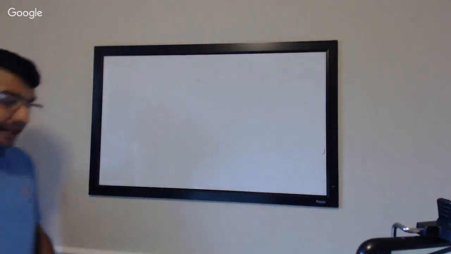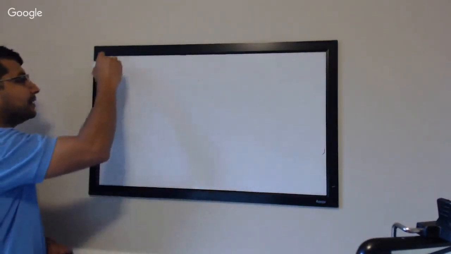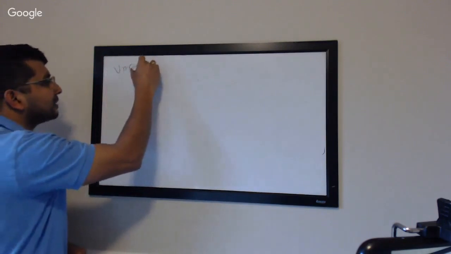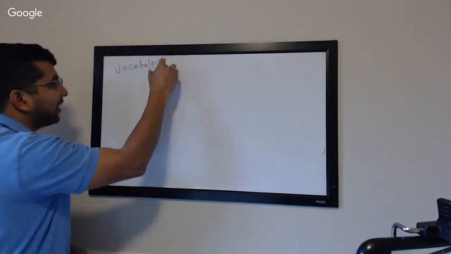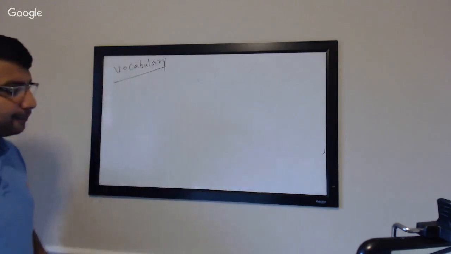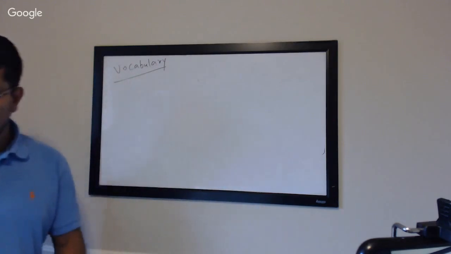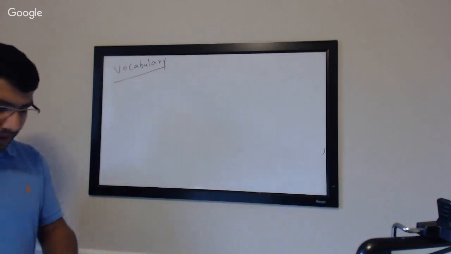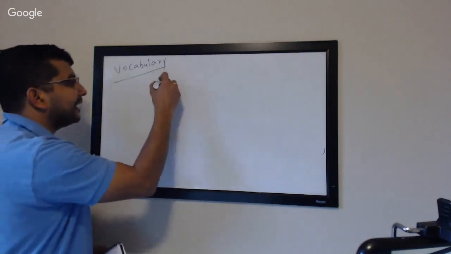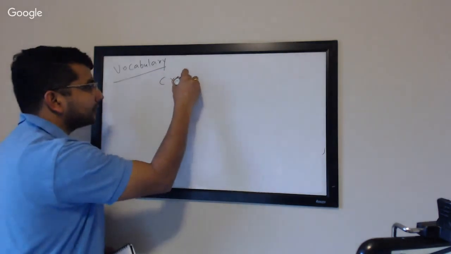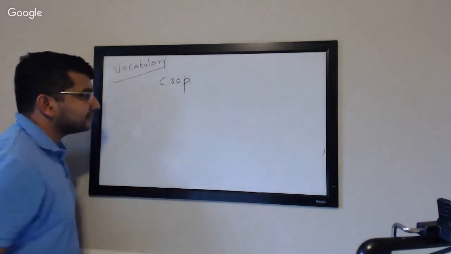Because of that, I'm not going to spend too much time on the vocabulary part, the third section of the class. There are only 5 vocabulary words, but we'll be very quick so we can spend more time on the story. The first vocabulary word I have is crop. Let's say you're harvesting something: crop.